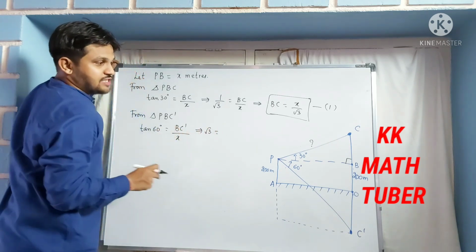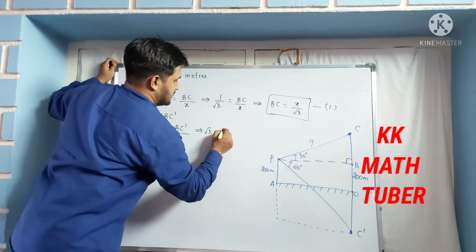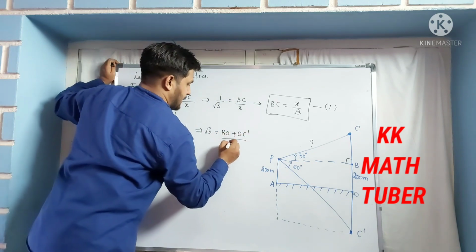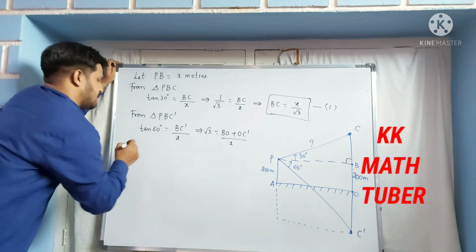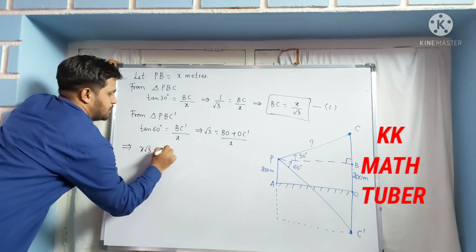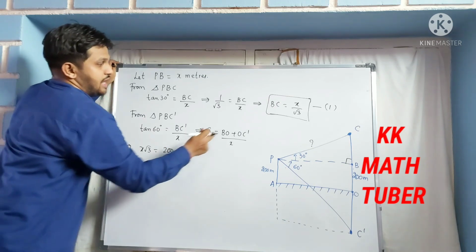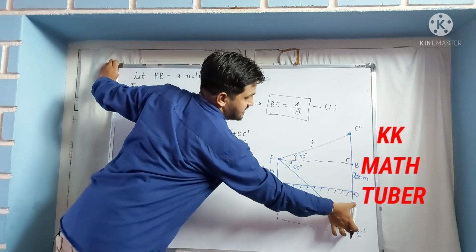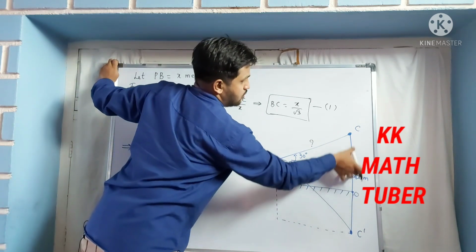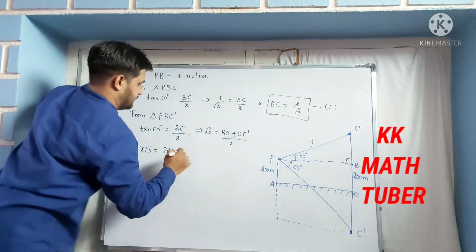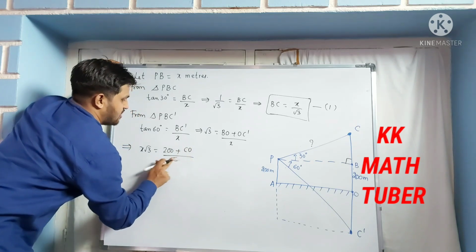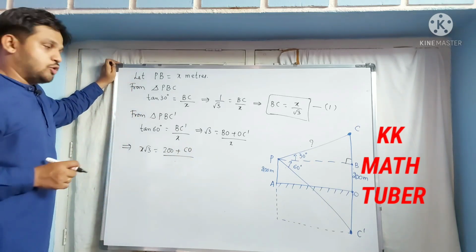And BC dash can be written as BO plus OC dash, divided by x. So let us simplify this. x root 3 is equal to BO, which is 200, plus OC dash. This is the image of the cloud C, so OC dash will be equal to CO only. So let me write this as CO, divided by x.